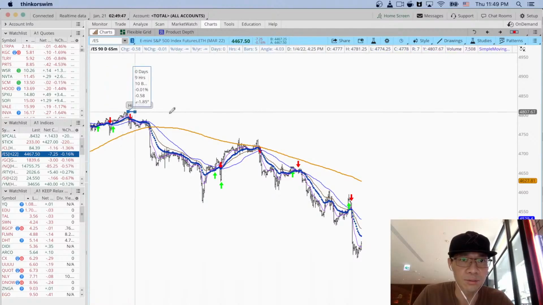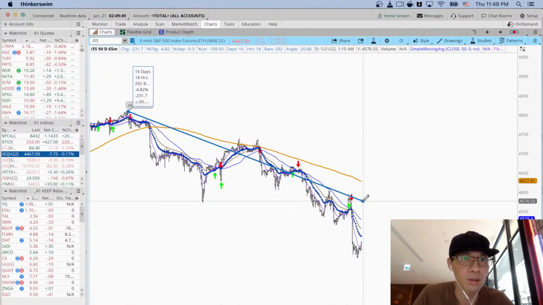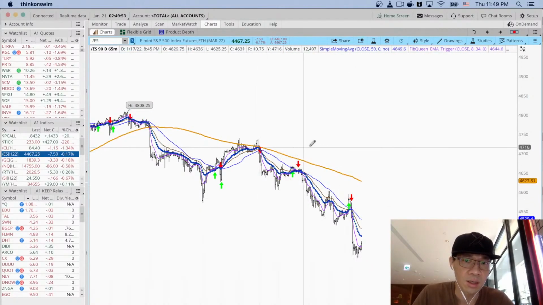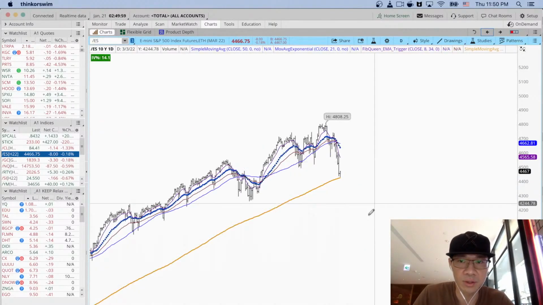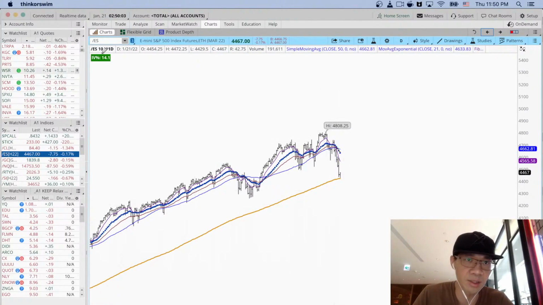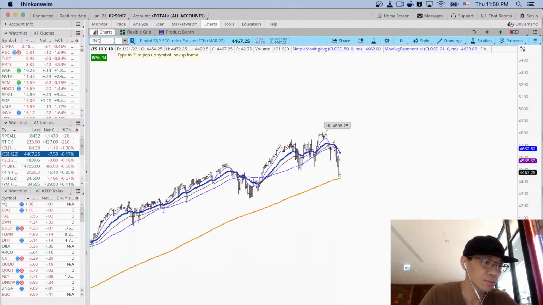For how long? Right here, 16 days sliding down, not really recovering that 200 moving average. So every sell-off first starts on the hourly chart, and it starts to roll over on the daily chart. Let's take a quick look at the Nasdaq.